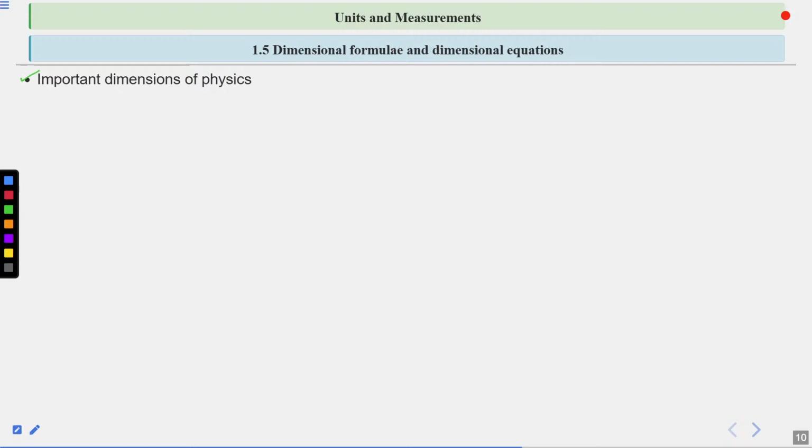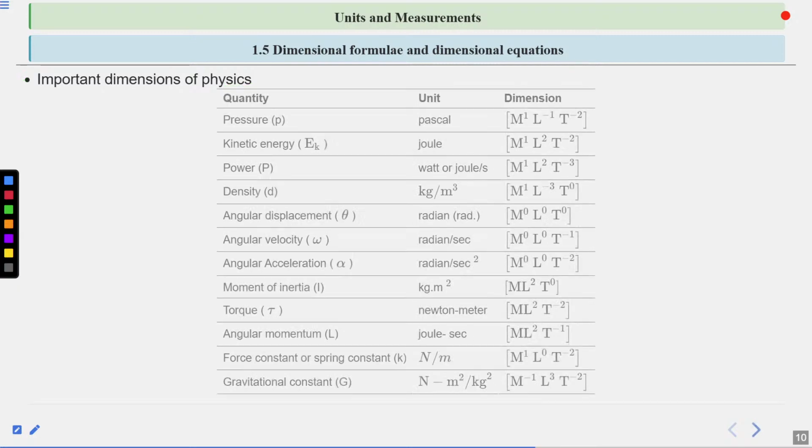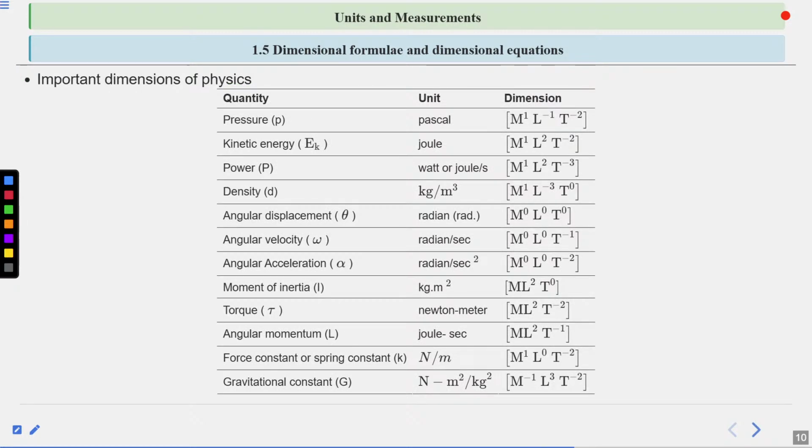Important dimensions of physics, or we can say important dimensional formulas, are these. First is pressure, kinetic energy, power, density, angular displacement, angular velocity, angular acceleration, moment of inertia, torque, angular momentum, force constant or spring constant, gravitational constant.